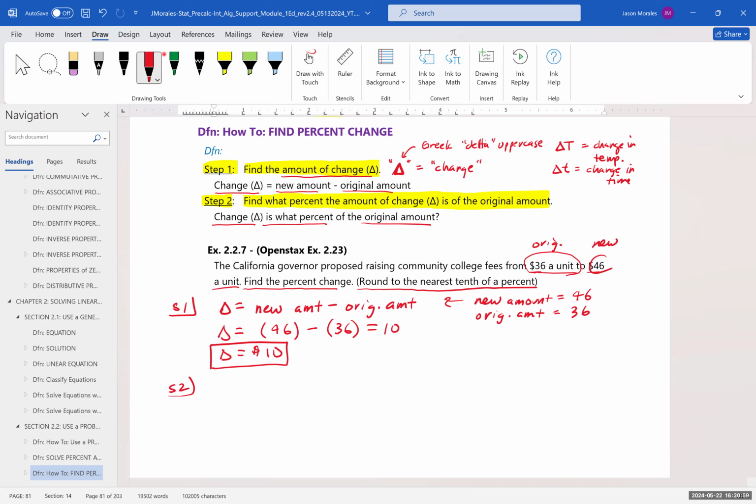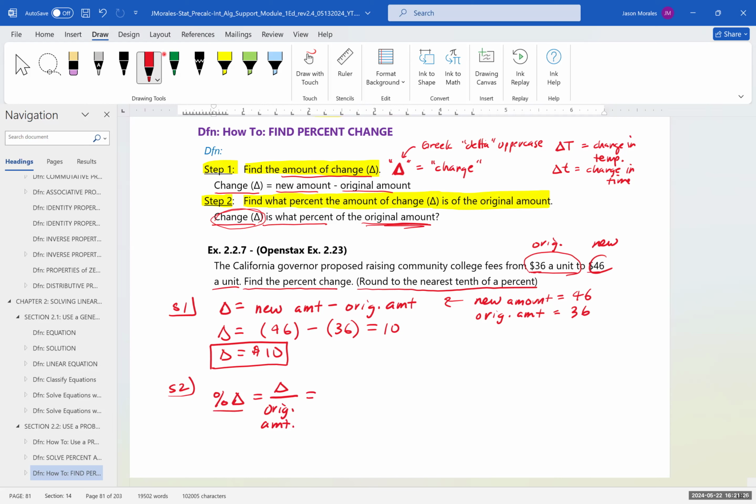Step two says use that amount of change you just calculated to determine what percent of the original amount. So the percent change is going to be equal to the change over the original amount.